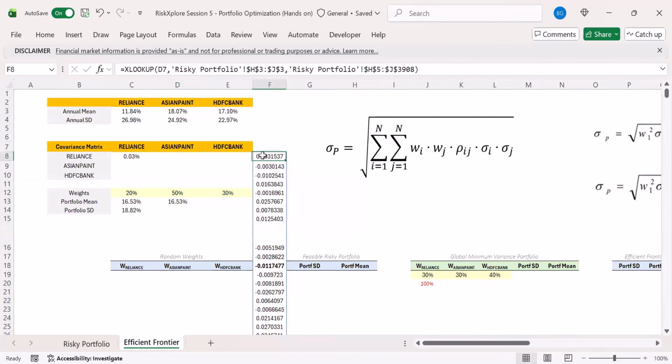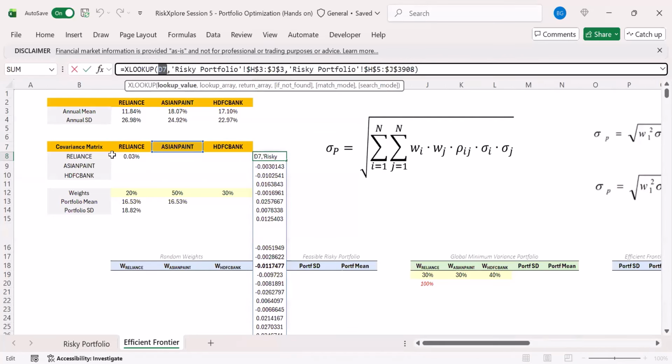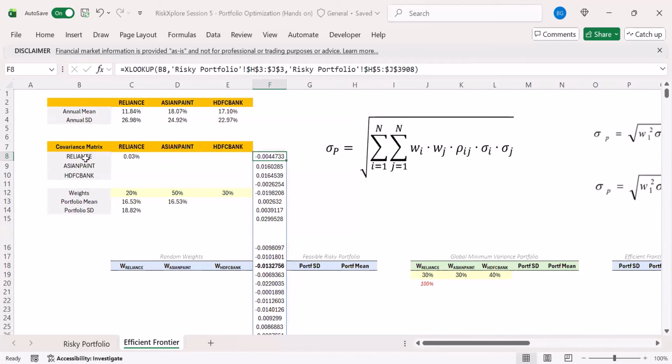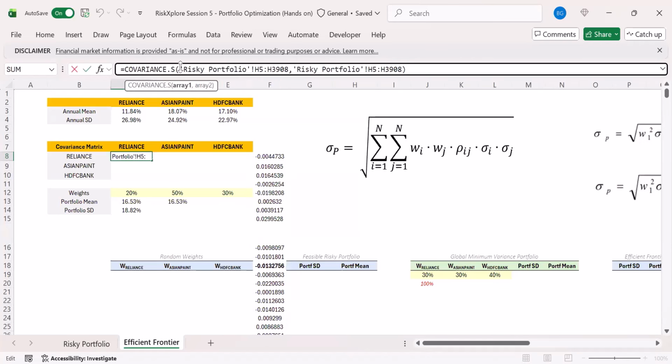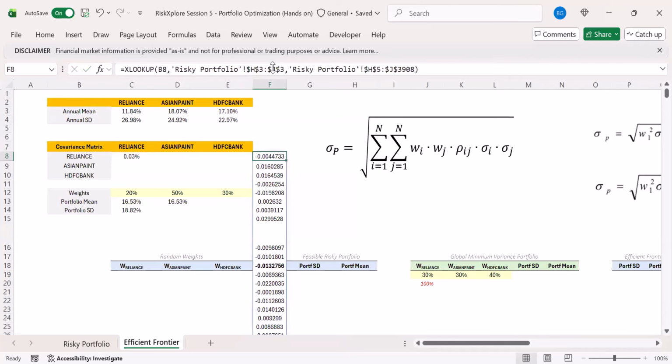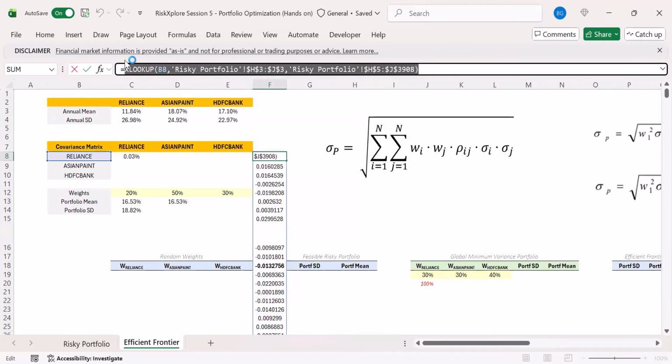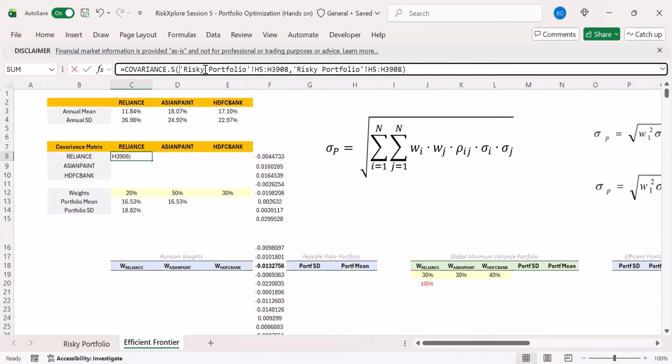Now, similar to Asian Paints, can we also find out daily returns for Reliance Industries? So we will shift the selection to Reliance Industries, and we have the daily returns for Reliance Industries here, right? So this is how we can dynamically fetch the returns here. Instead of manually referring to the range, we can copy this formula and come back here, paste this here.